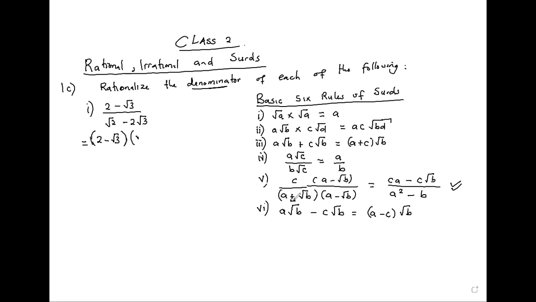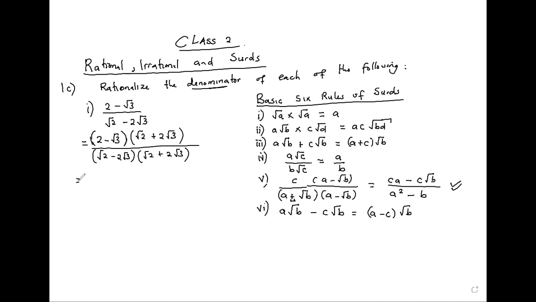So we'll multiply by root 2 plus 2 root 3. And then divide root 2 minus 2 root 3, and then multiply by the same root 2, we just change the minus to plus, and then 2 root 3.